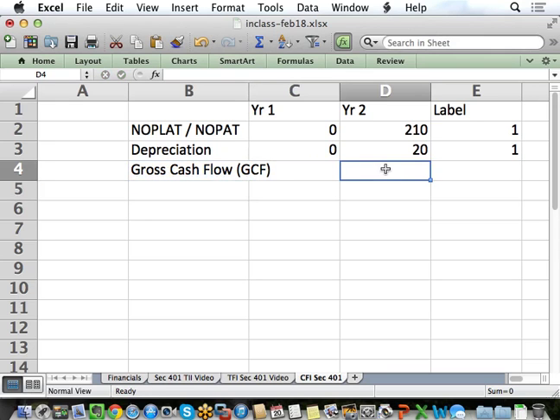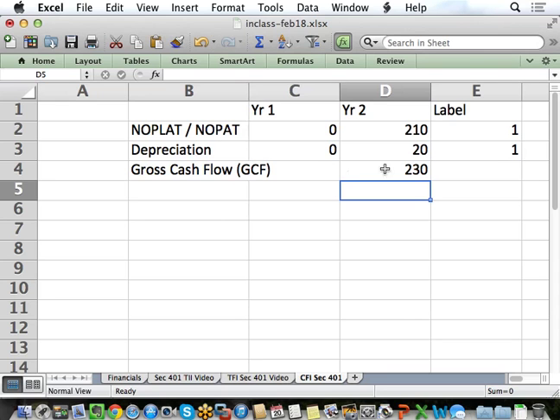So gross cash flow is the 210 plus the 20, excuse me, or 230. So that is how much cash this company generated during this period from its income statement. Right. Next, we're going to subtract from that the gross investment. Gross investment is anything that's an operating investment in the balance sheet. Therefore, anything that's a change in invested capital on the balance sheet is going to be gross investment.